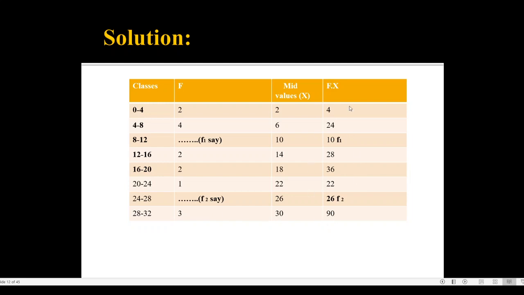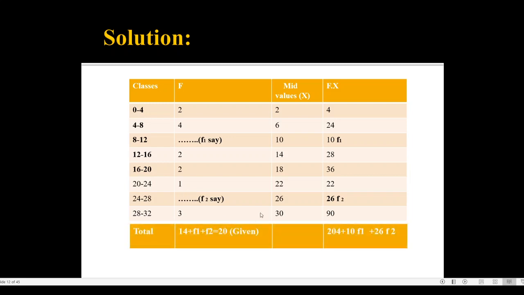These are our values of f into x, and summation f is 2 plus 4 plus f1 plus 2 plus 2 plus 1 plus f2 plus 3.